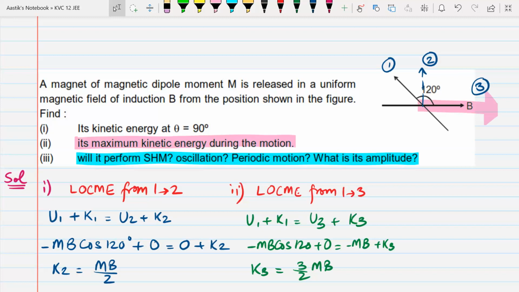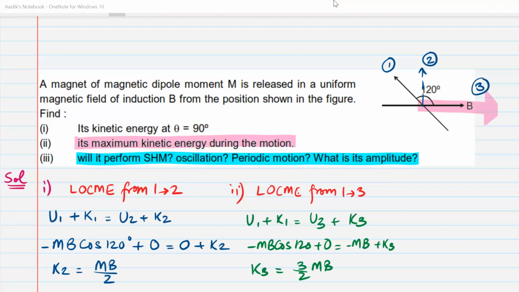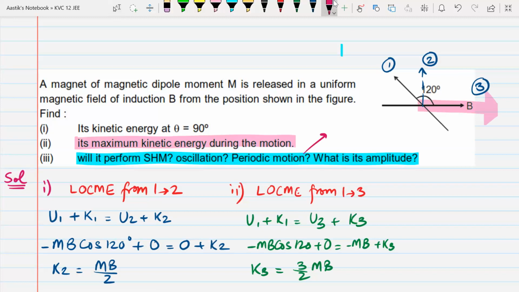Now the question is, is this motion SHM? Is this motion periodic? Of this dipole, is it periodic? Yes, it is periodic. Is this oscillatory? Yes, this is oscillatory. Is this SHM?